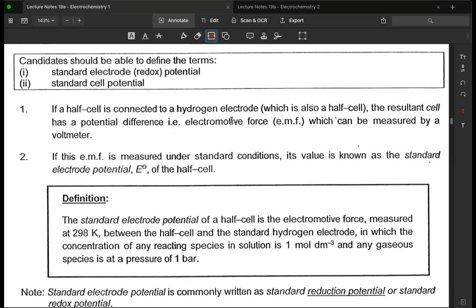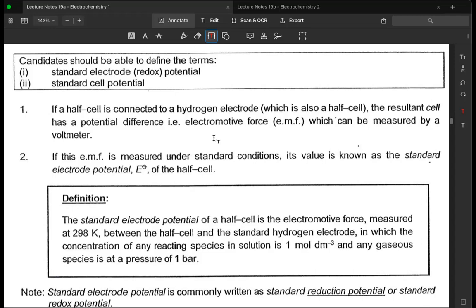This is something that you learn in physics. Because we are talking about an electrochemical cell here, and we are still not on electrolysis yet, the term used is electromotive force, which is the amount of potential difference generated.